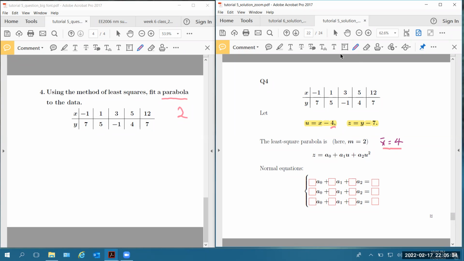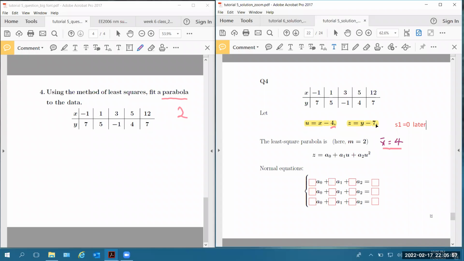If I do this, I can ensure that later on my S1 will be 0. Then I can simplify my normal equations and make it easier to solve. That's the only purpose.